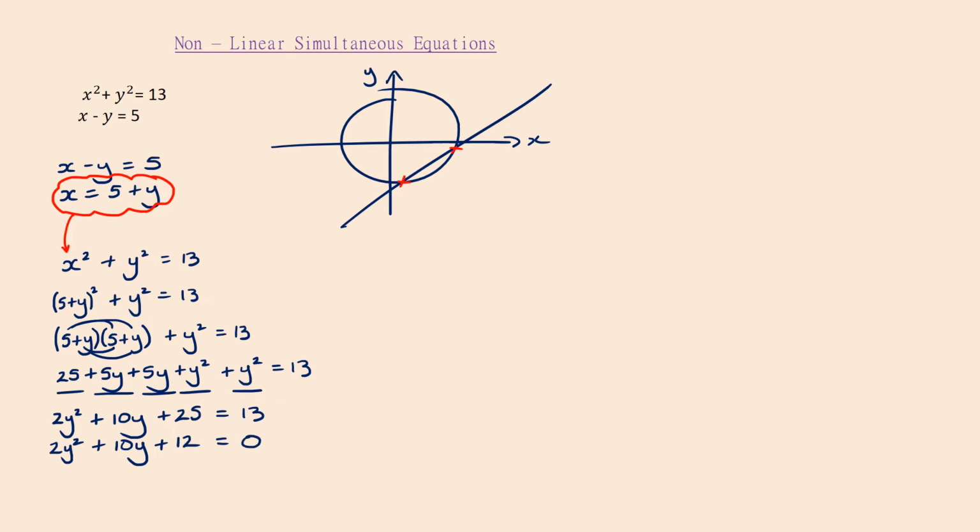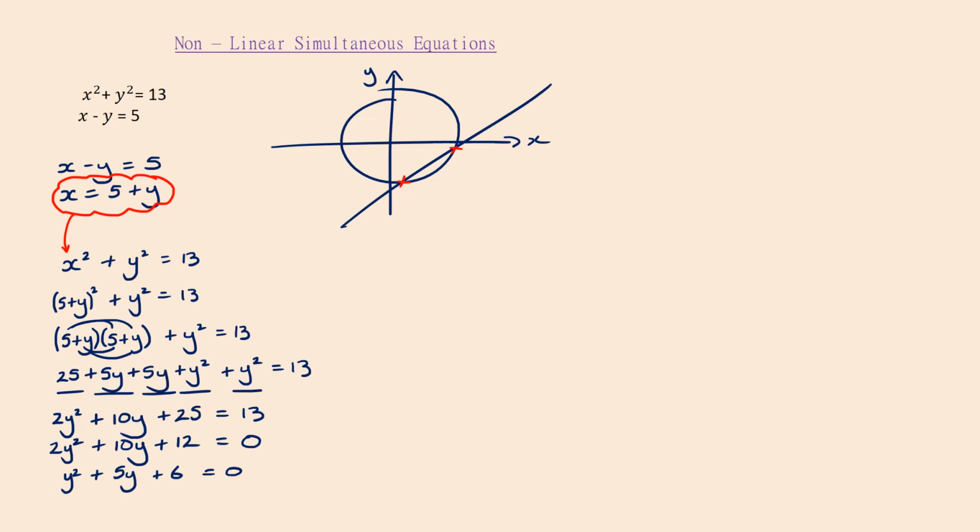So we can now factorise and solve this quadratic. I have spotted, however, that all of the coefficients, the numbers in front of the terms, are all even numbers. So we can take out a factor of 2 and make this quadratic much easier to factorise and then therefore solve.